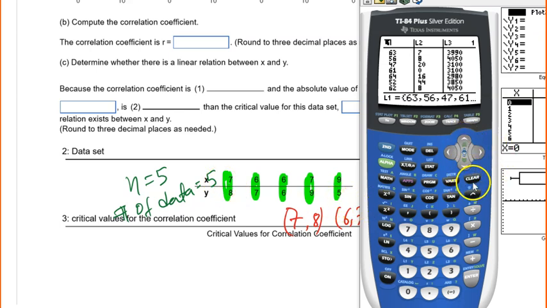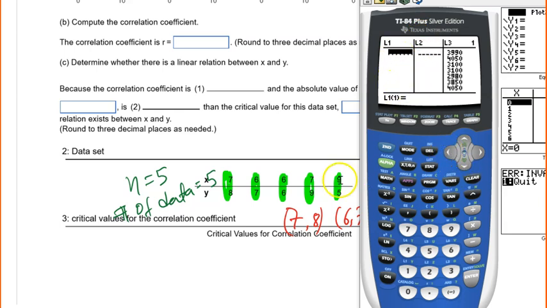Okay, therefore I clear the L1. I press enter to clear it. Now I highlight the L2 by using the arrow, and I clear it and press enter. It's going to be clear. Now my L1, L2 columns are blank.